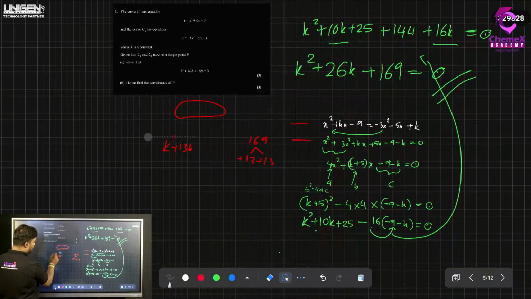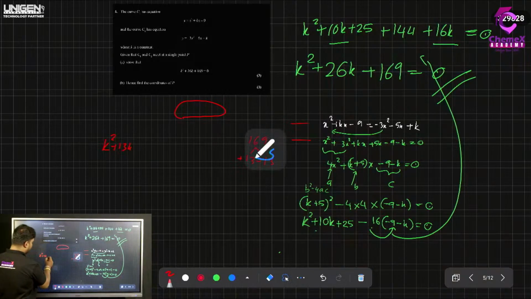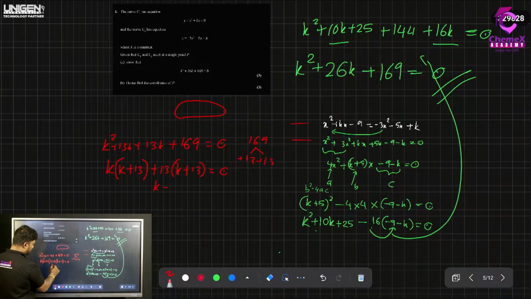So k squared plus 13k plus 13k plus 169 is equal to 0, because when you add the two, you get that answer. Taking common factors, k plus 13 and k plus 13 is equal to 0.